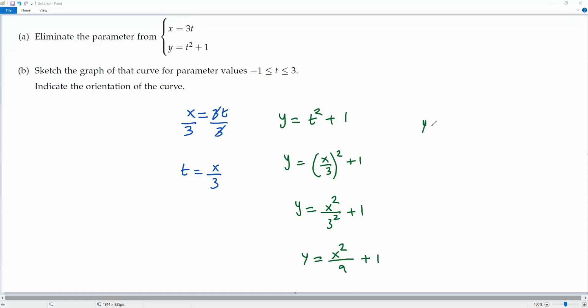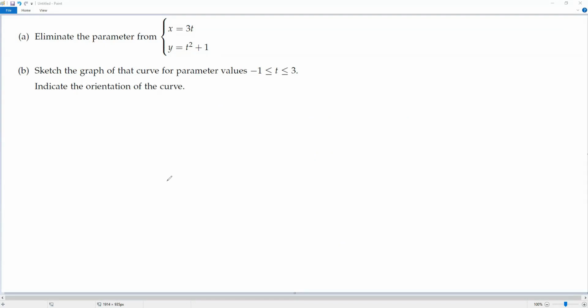Or the same equation can be written as y is equal to 1 over 9 times x square plus 1. So we eliminated the parameter t and we got the equation of the curve in terms of the two variables x and y. Okay, now let's do the second part of the question.